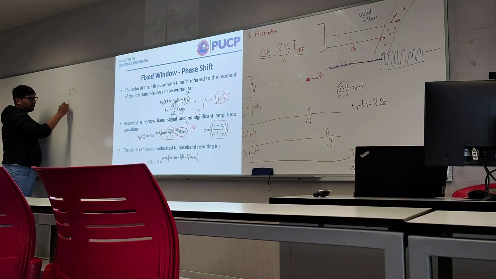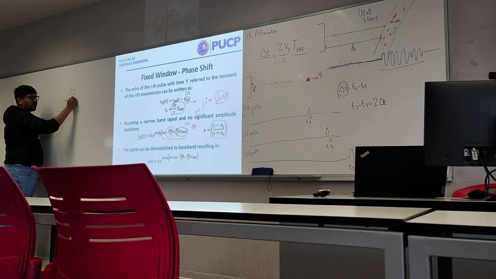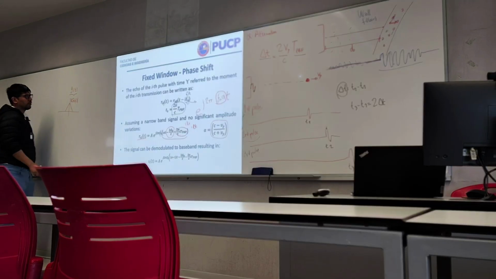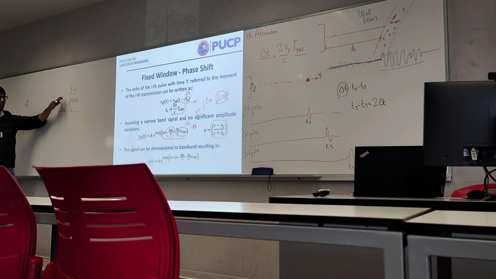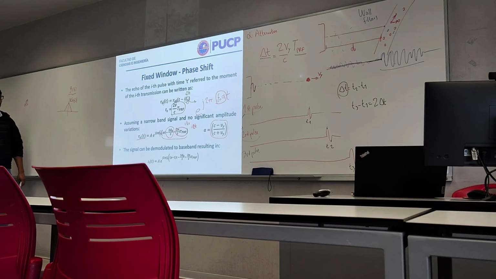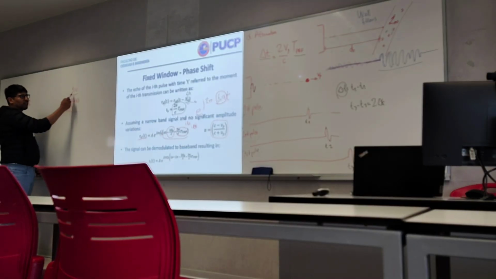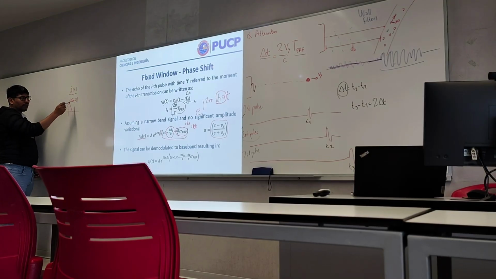I will just draw the representation of the magnitude of the Fourier transform as a function of f, for example. Right? This is one signal and its Fourier transform. Assuming that this is a real signal, the Fourier transform magnitude will be symmetric.